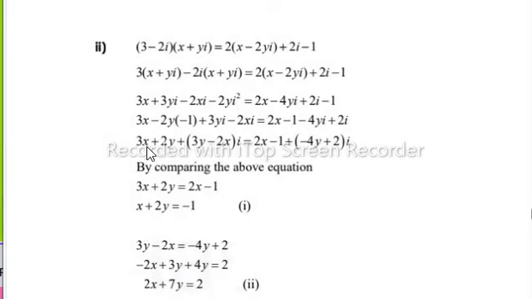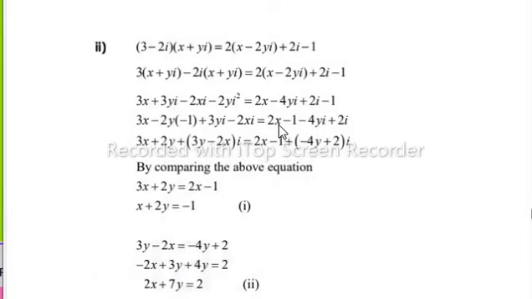So in the next step, 2x plus 3y minus minus plus 2y, ones are 2y, then we write 2y here. Then we take common iota from these two terms, which is written here, and we take 3y minus 2x in bracket form, because iota is common from these two terms.